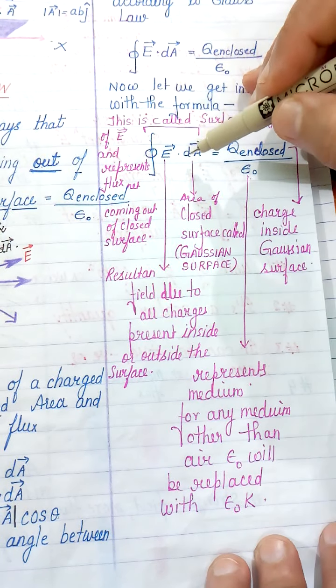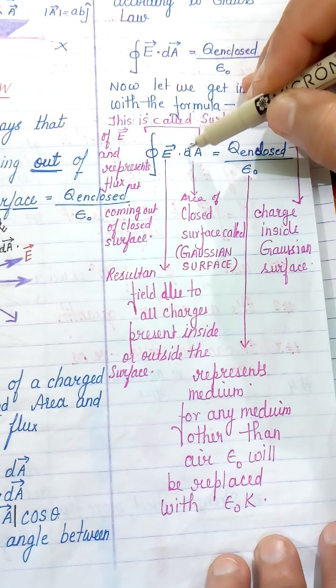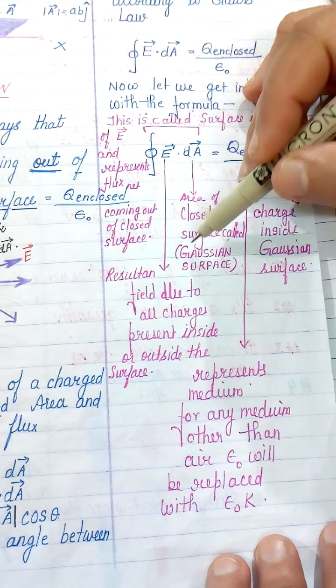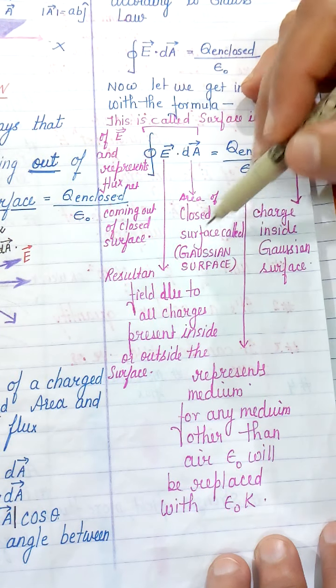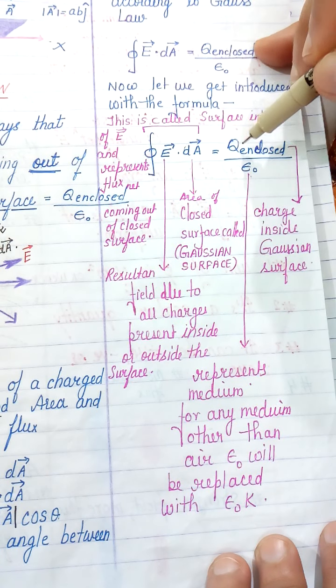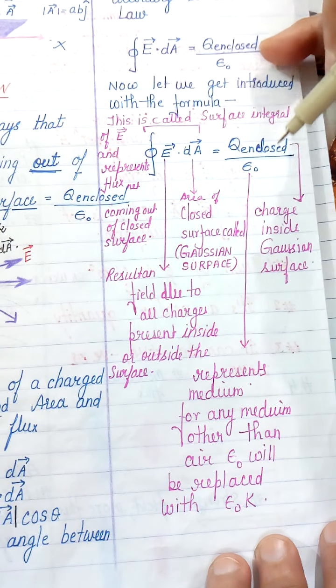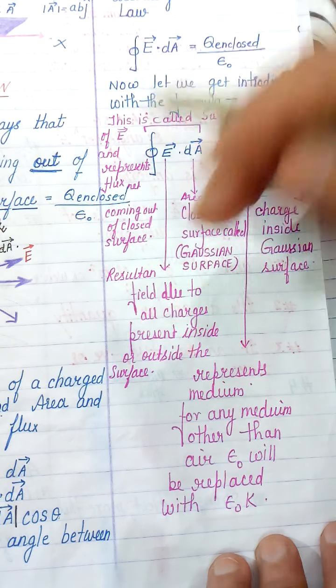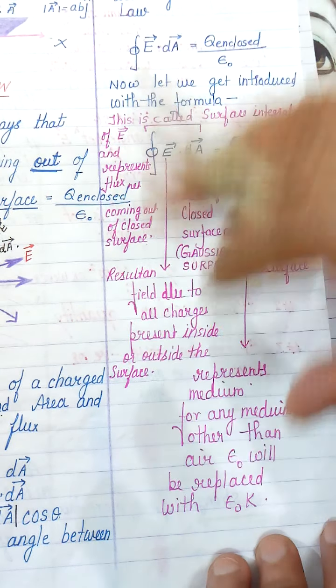Then this area is element area of Gaussian surface, right? And this charge enclosed is that charge which is inside the Gaussian surface. And epsilon naught, as I said, is representing the medium.